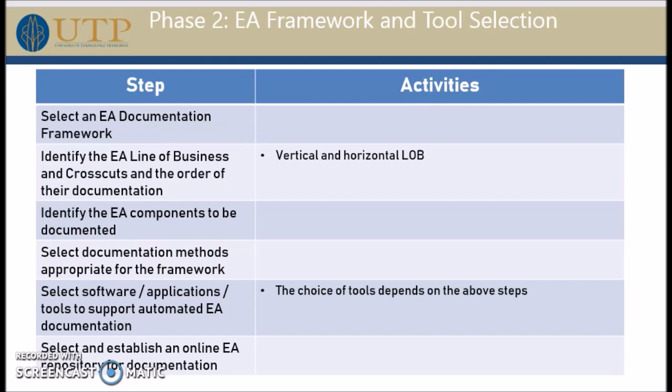This online EA repository is important because you have team members that comprise people from different departments, from different backgrounds. You have the stakeholders, the consultants, the analysts, and so on. So establishing this EA repository is crucial.